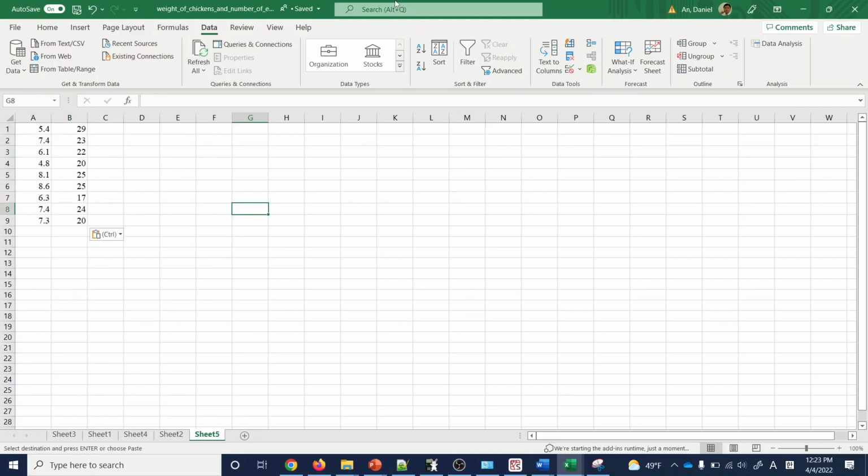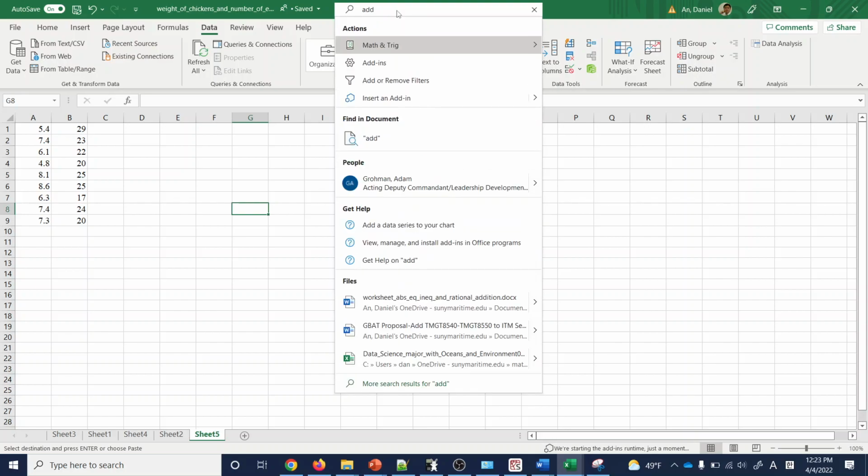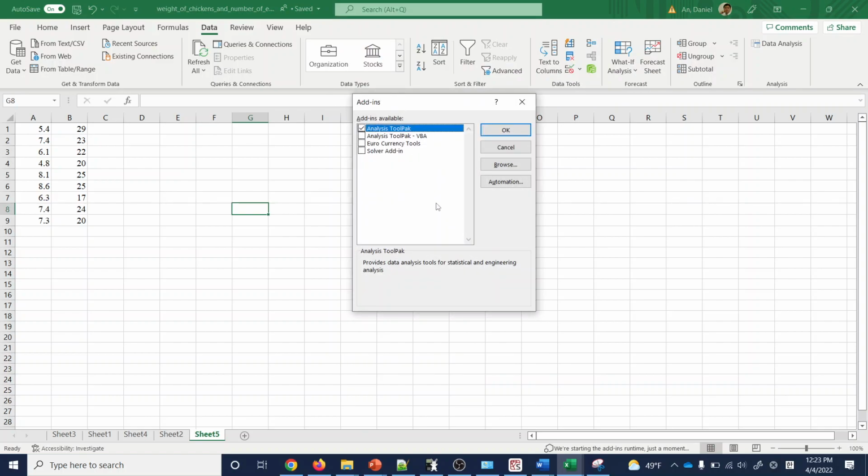What you have to do is go into the search bar and type in add-ins, and you see add-ins right here. If you click that one, it gives you all these options that you can install for free. There's no need for paying anything. Excel will just install these additional packages for you. So I clicked the very first one, Analysis ToolPak, and clicked OK, and it installed.